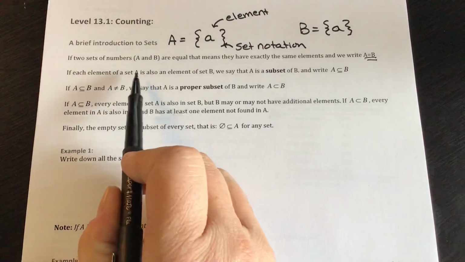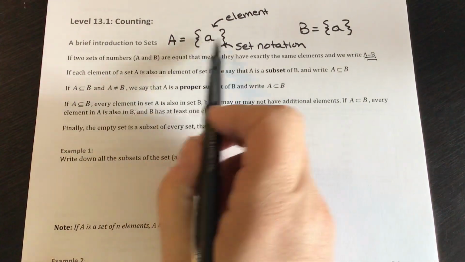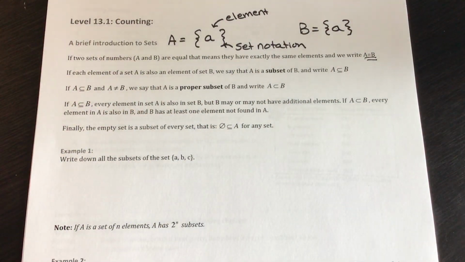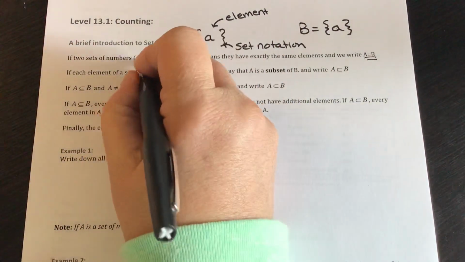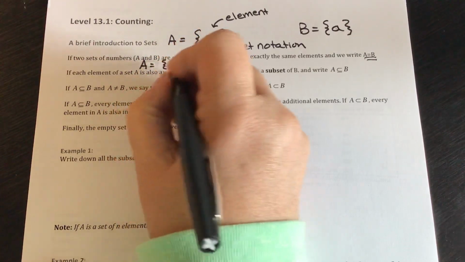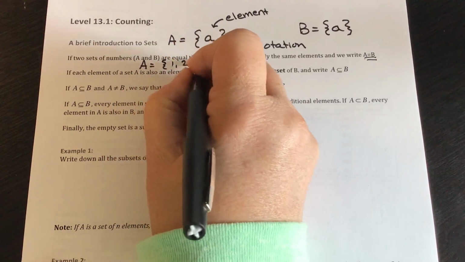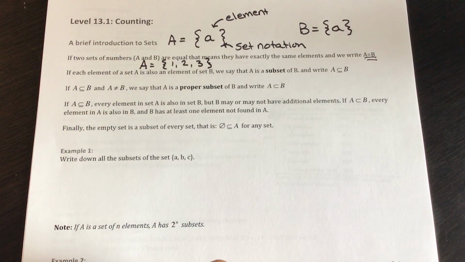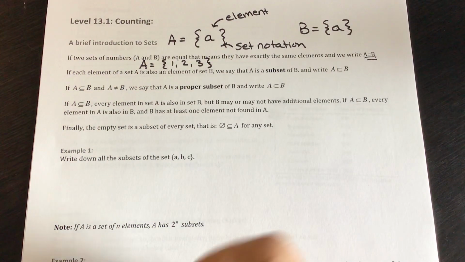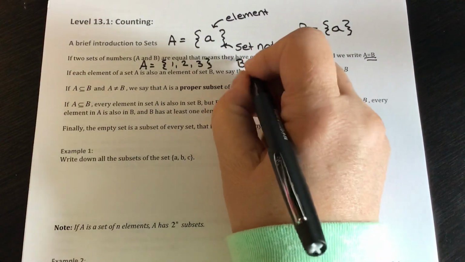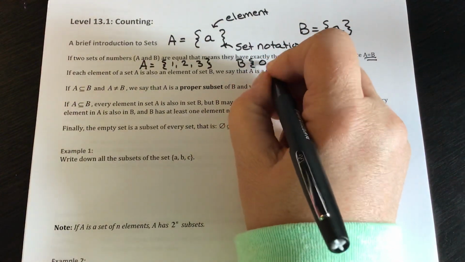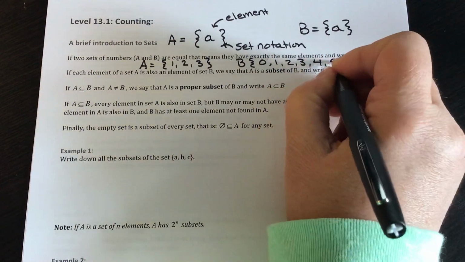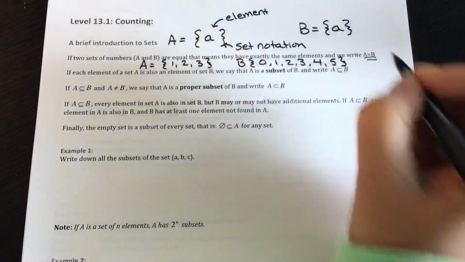Up here, we have the exact same elements in A and B, but we could have a set A that has 1, 2, and 3 as elements, and in set B, 0, 1, 2, 3, 4, 5 are the elements.